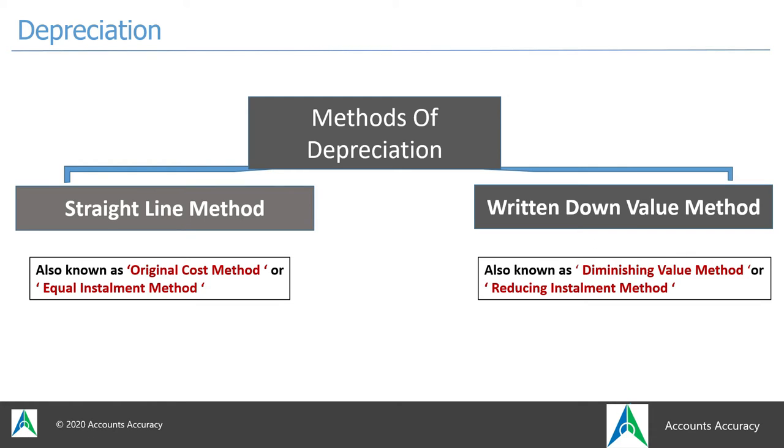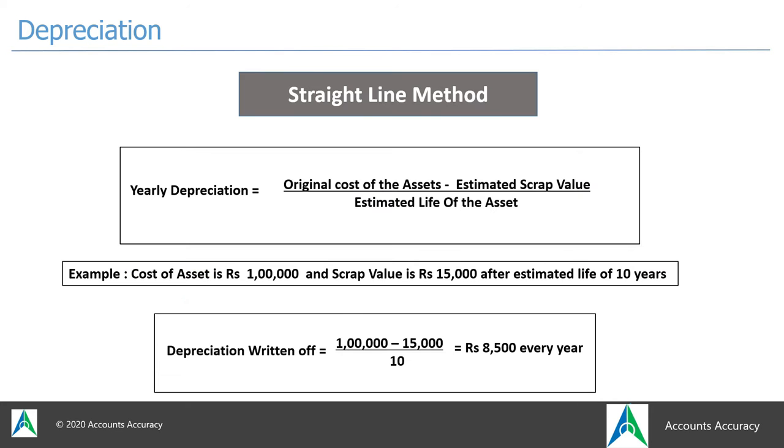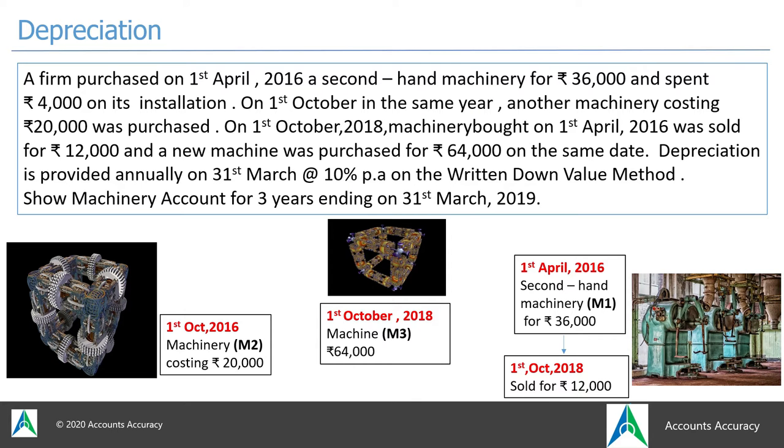As you know, the written down value method is also known as the diminishing value method. Now, why is it called the reducing installment method? You would easily be able to understand that if you see it through this sum. Here, the sum says, a firm purchased on 1st April 2016 a second-hand machinery for 36,000 and spent 4,000 on its installation.